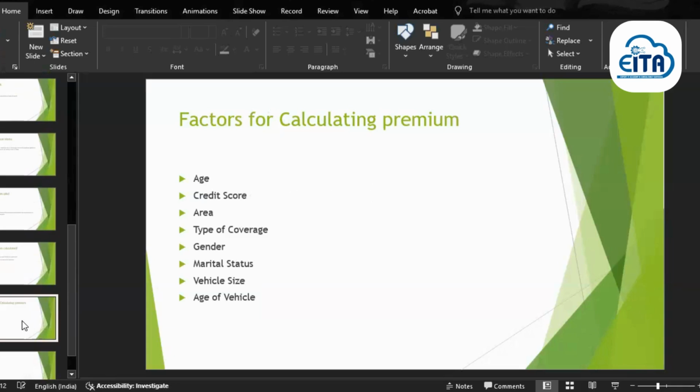If a person is immature or a beginner, the premium will be more. There's also credit score, and the area in which the person is living: if it is an accident-prone area, the premium will be more. These are four to five factors listed here, but there are many factors responsible for calculating the premium for different products. For personal auto there will be different factors, and for homeowners there will be different factors.